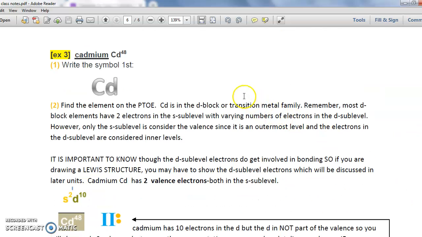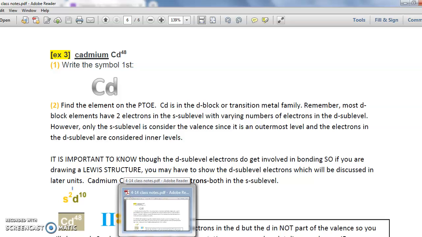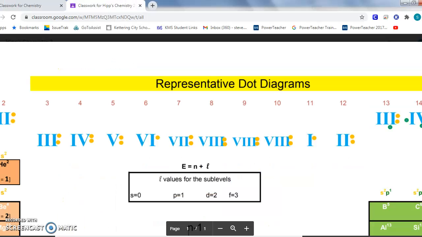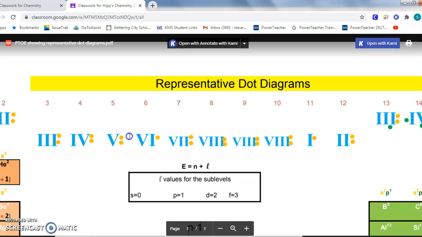Now they're asking us to do one from the D block, cadmium, number 48. Now the D block is a little different. The Roman numerals, if you remember, above the D block do not tell you how many valence electrons they have.